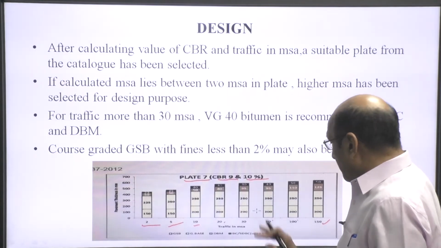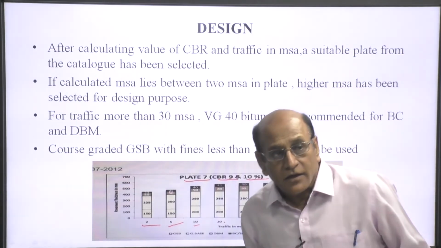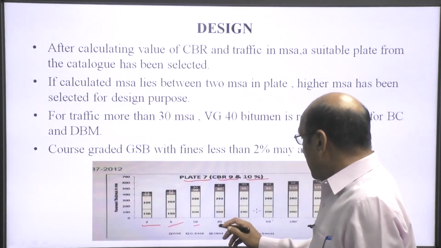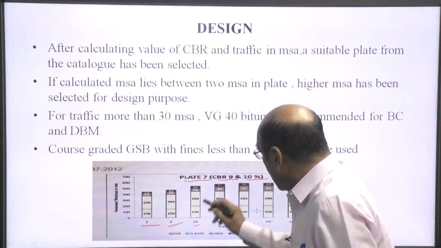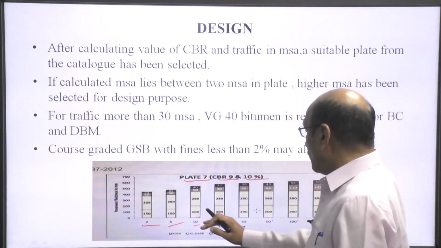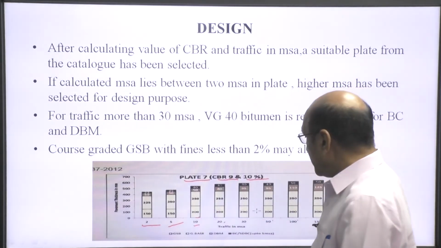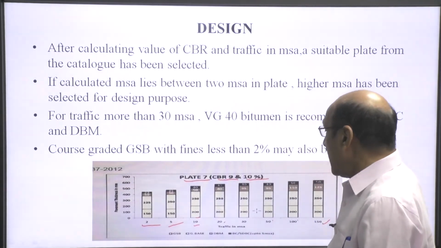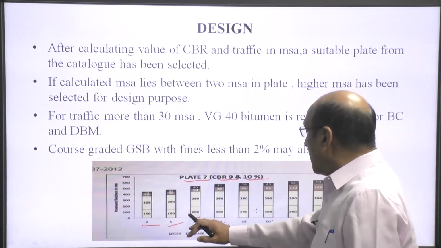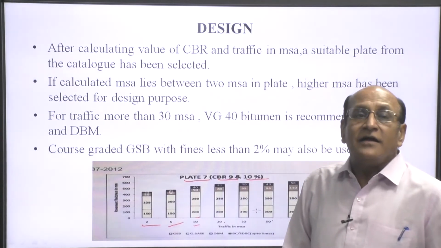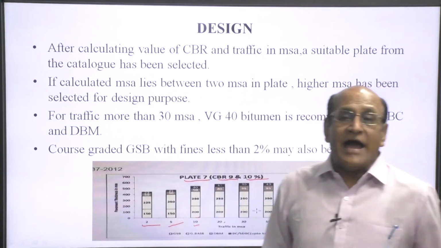So, here suppose a soil having MSA of 10, then we can choose this catalog, in which 200 has been given to the sub base, 250 base course, 50 DBM and 40 BC, because here MSA is more than 5. So, we can take BC as a wearing surface.